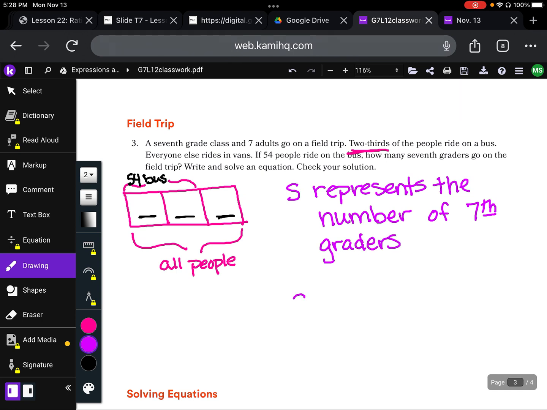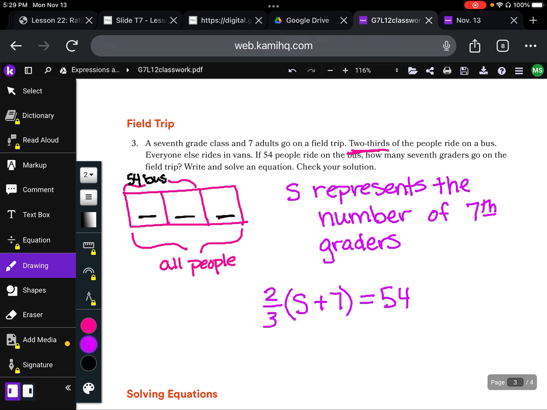So we have the 7th graders plus 7 adults on the field trip. That would be our total amount of people, right? 2/3 of those people are on the bus, and that 2/3 of the people is 54. Okay, this will help us figure out how many people are on the field trip. So try solving this equation, try figuring this out.